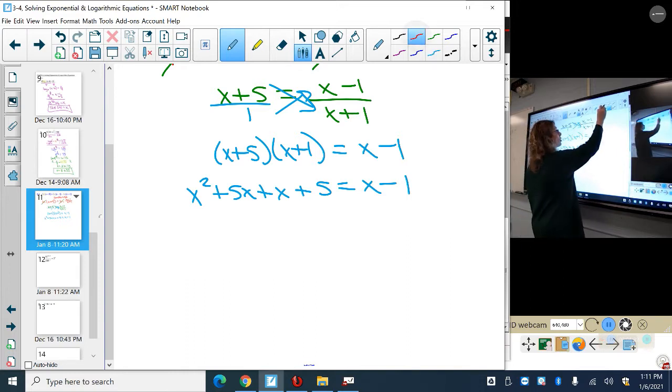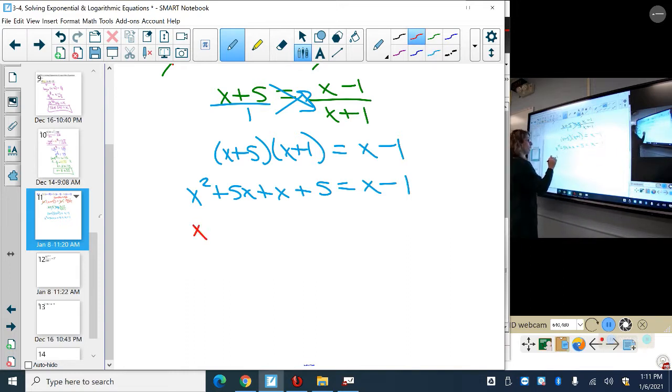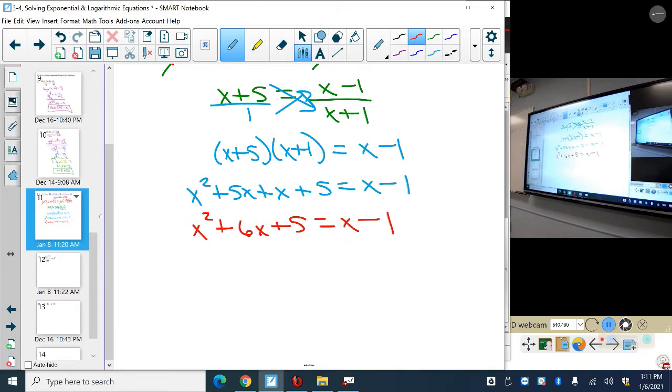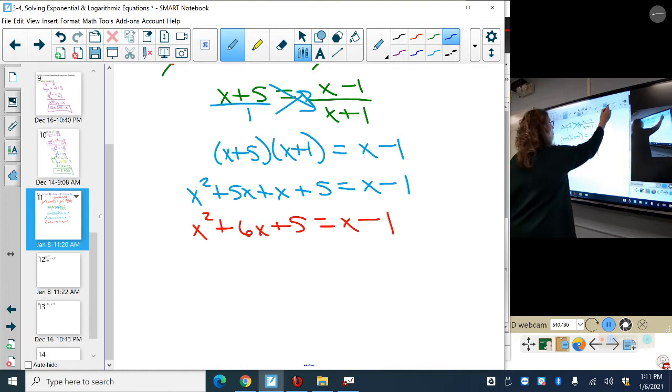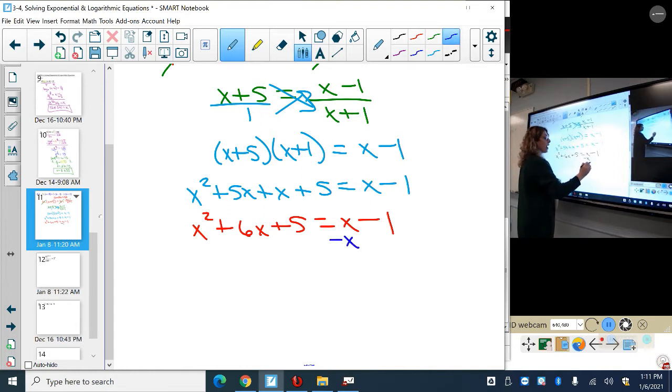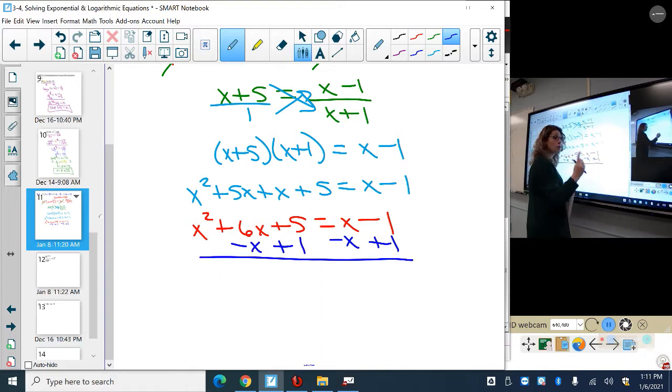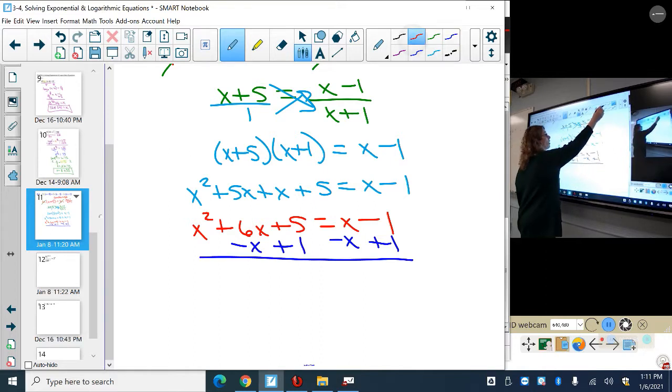Okay, so I see 2 binomials attached by multiplication, so I need to FOIL. X squared plus 5x plus x plus 5 is equal to x minus 1. I'm then going to combine like terms. X squared plus 6x plus 5 is equal to x minus 1. I then bring over this x by subtracting and adding the 1. I'm doing that in one step. It's totally fair.